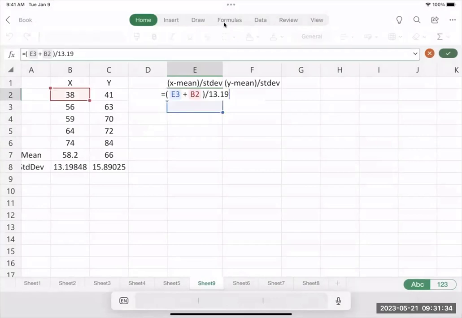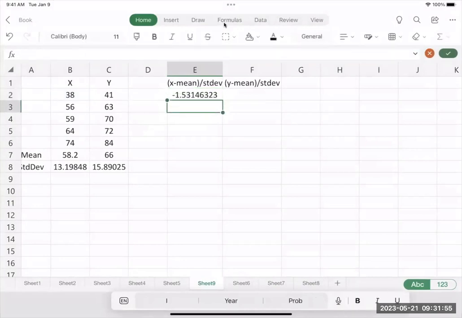So that looks wrong. 13.19. So 38 minus 58.20. What happened? 38 minus 58.2. Right. Yeah, you have switched the, yeah, it's just because I'm using an iPad, I'm not used to it.